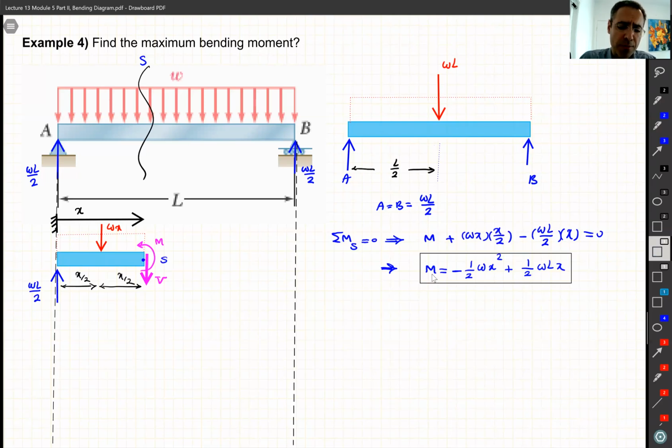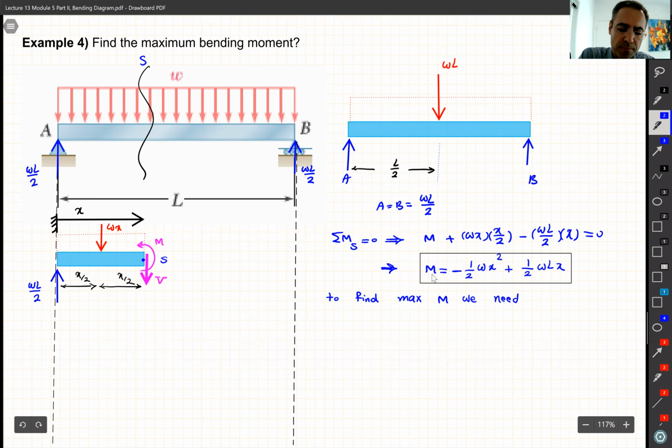If I want to find the maximum M, I need just to take the derivative, right? To find max M, you need to write down dM divided by dx equal to 0. Always in math, remember when you want to find the maximum of a graph or a function, you just take the derivative. So let's take the derivative.